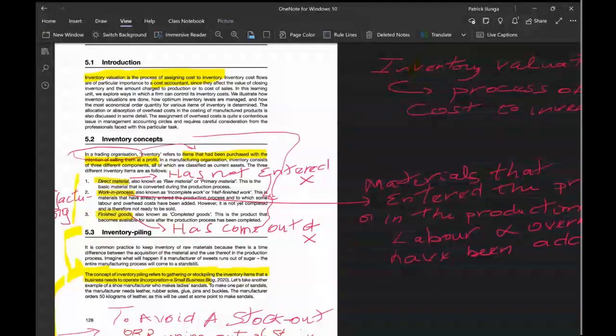The production, in this case, we are looking also at the manufacturing. There are two types of businesses, if I can put it like that: the manufacturing kind of business and the service. That's why you hear the word service provider. You are providing a service.